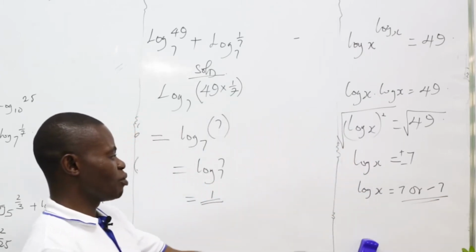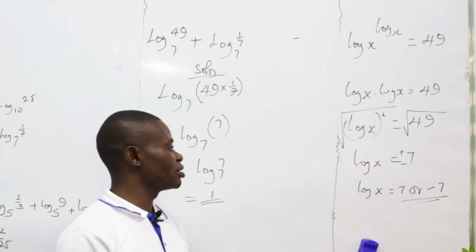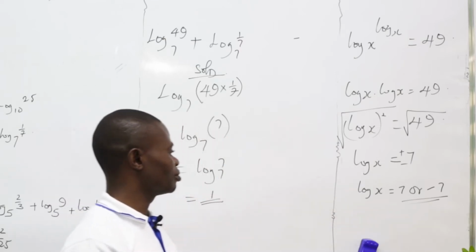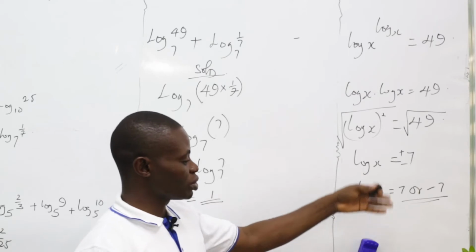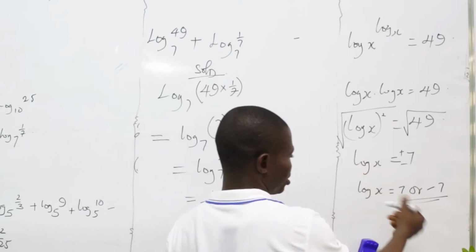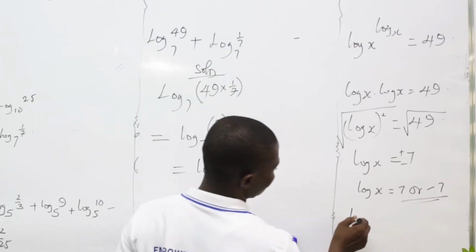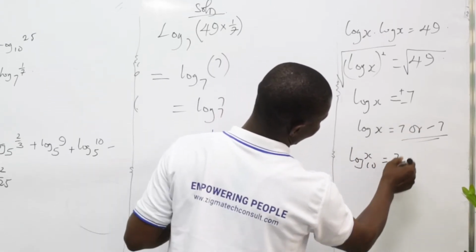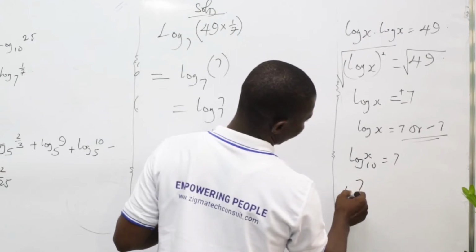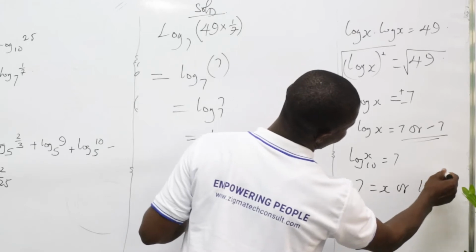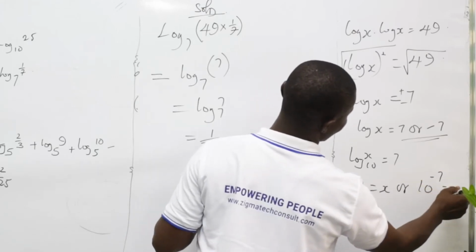What about if you want to know the value of x? How do you go about it? You need to recall something. What do you recall? It's either introduce it to base 10 by saying log x base 10 equals the number, meaning 10 power 7 equals x, or 10 raised to the power minus 7 equals who? x.